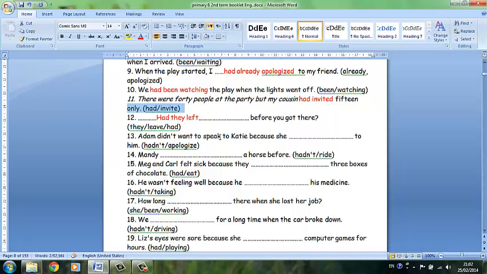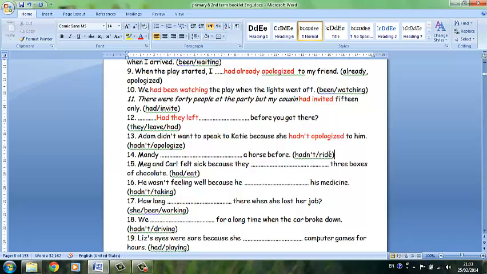Adam didn't want to speak to Katie because she hadn't apologized to him. So I'm going to write hadn't apologized. It's very easy. Number 14, Mandy hadn't ridden a horse before.